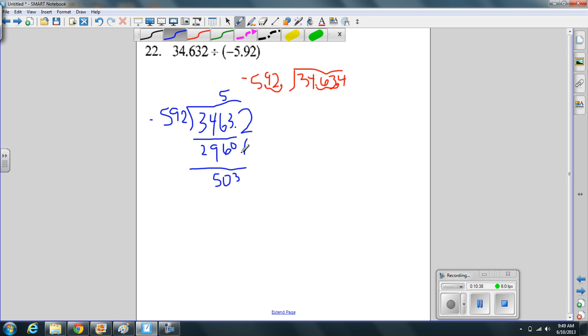And we bring the 2 down. So now we need to look and see how many 592s go into 5032. And I get 8. So 8 times 592 is 4736.